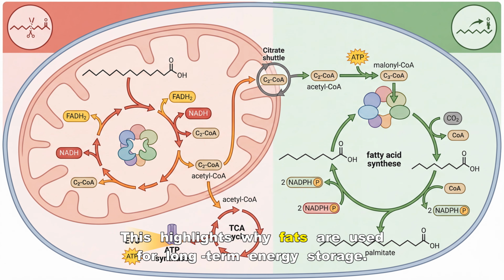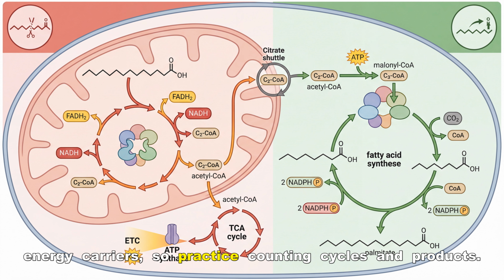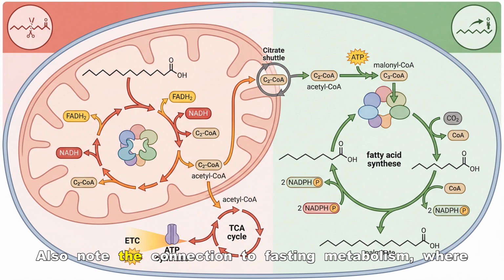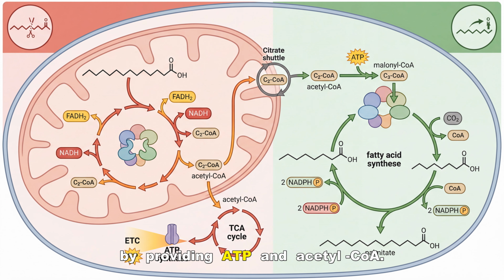This highlights why fats are used for long-term energy storage. The MCAT often tests your ability to track carbon units and energy carriers, so practice counting cycles and products. Also, note the connection to fasting metabolism, where beta oxidation increases and supports gluconeogenesis by providing ATP and acetyl-CoA.